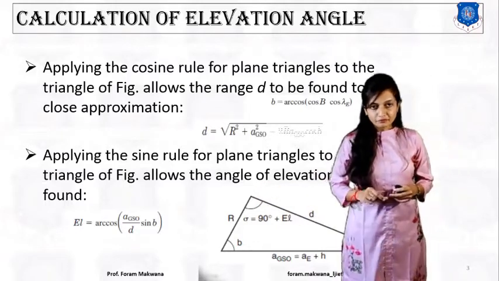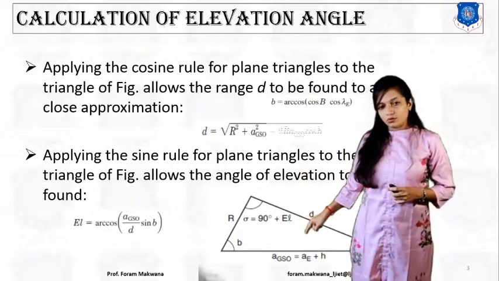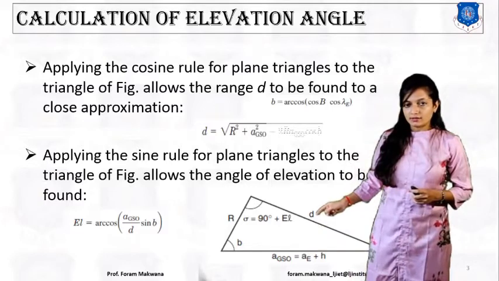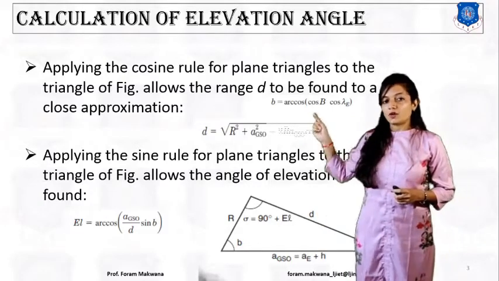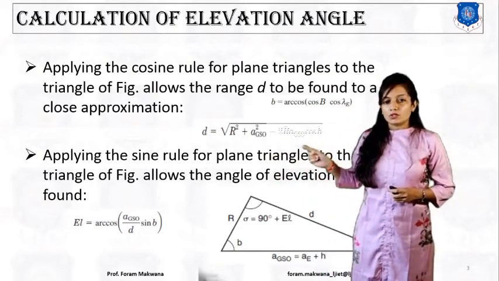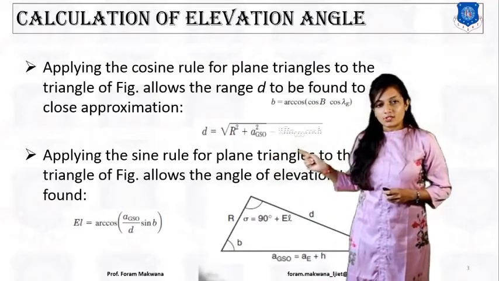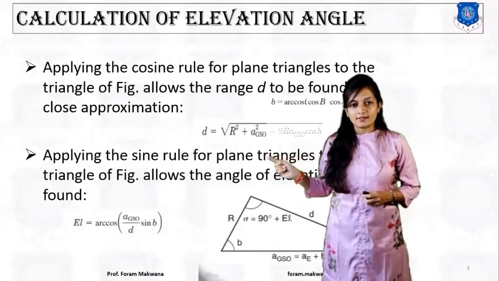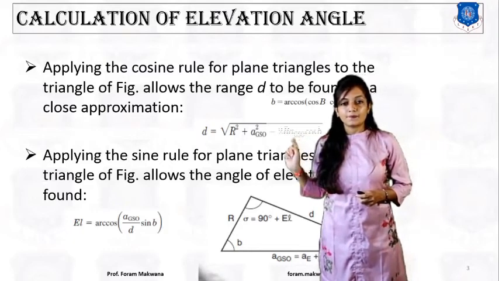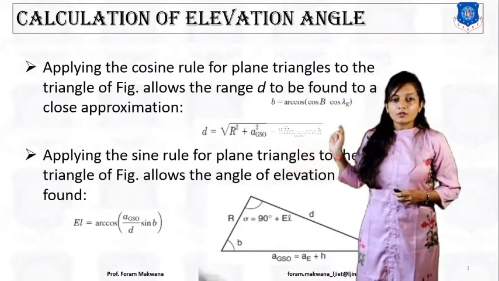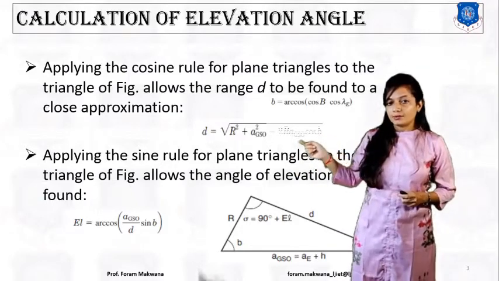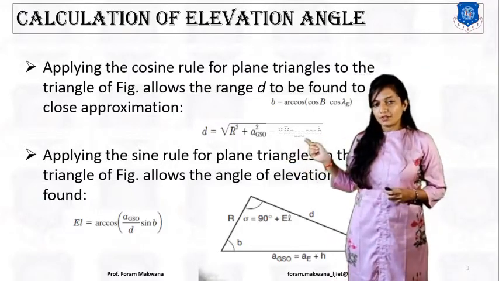Now we are going to apply the cosine rule for this plane triangle, which allows the range d, that is the distance, to be found to a close approximation. The small d is equal to the square root of r square plus AGSO square minus 2 AGSO into r into cos b.